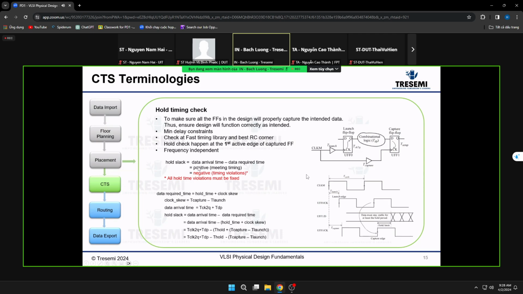Positive, likewise, is meeting timing. Negative is a bad timing violation, and all hold time violations must be fixed. I highlighted it in red because you have to fix it. If you don't fix it, your design may not work. Unlike setup, if you leave some setup violations, your design still runs but slower. But with hold, if you have leftover violations, you're going to have issues.